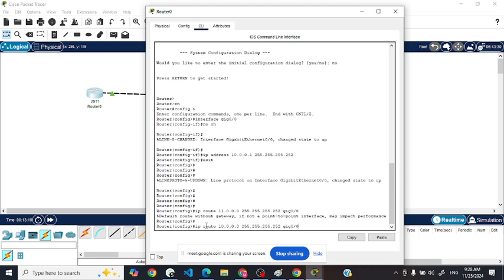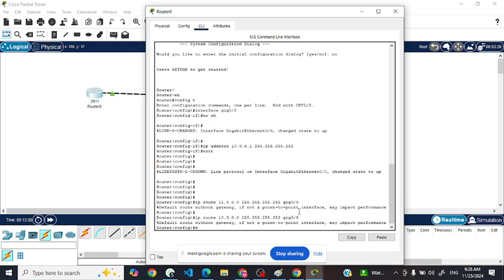Gig 0/. Lakshman, give me a reply. Sir, I do not know the correct interface because it's not showing. I am configuring only here for router 1. You can change it. Yes, sir. 0/0 then.